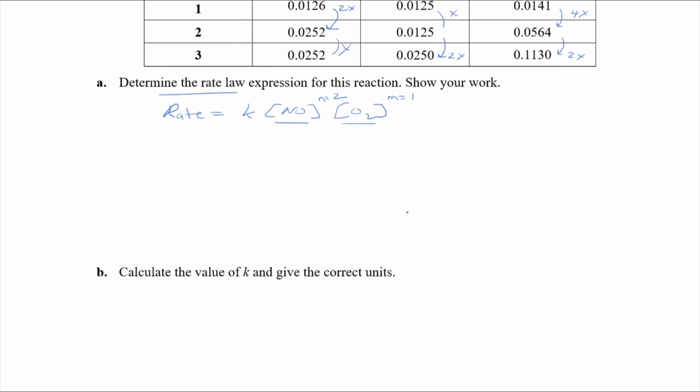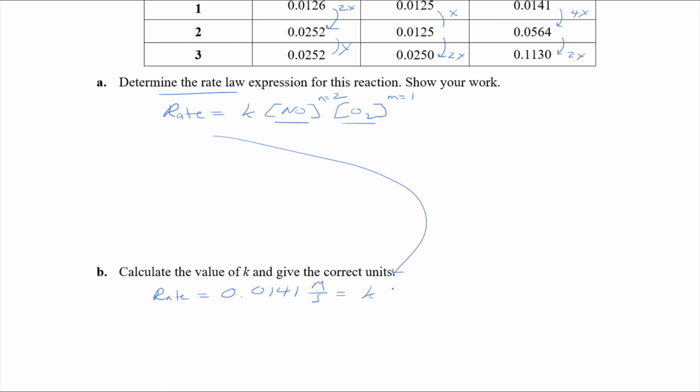The last thing we do is we say, okay, we want to solve for the actual value of K, which means we can plug in a number, right? I'll just bring this down here. So just pick one that you like. I think I might just pick the first one, and I'll write the rate down. So the rate equals 0.0141 molarity over seconds.